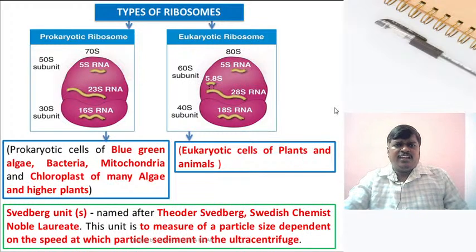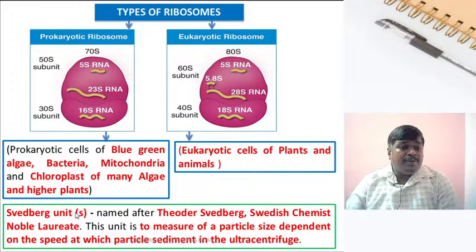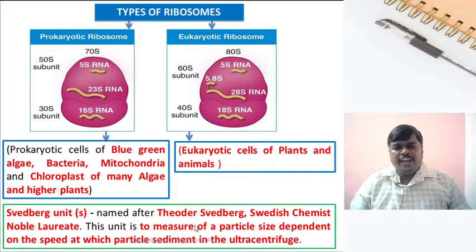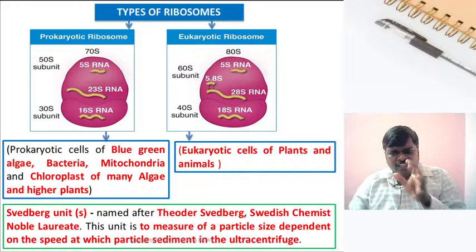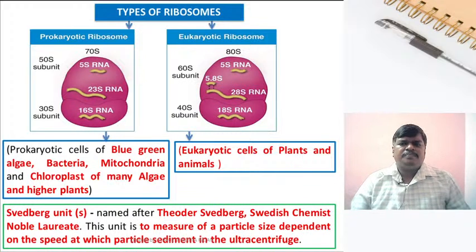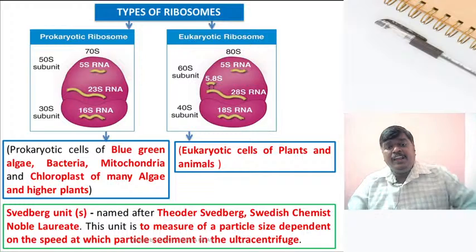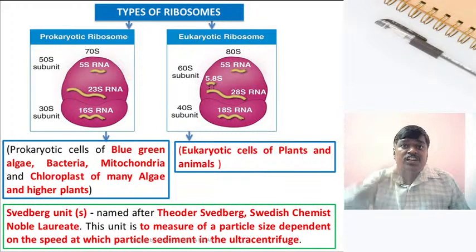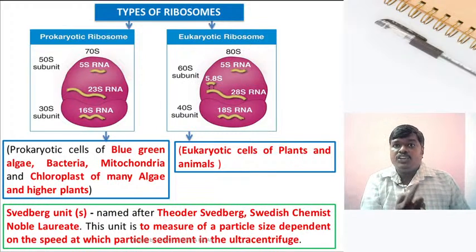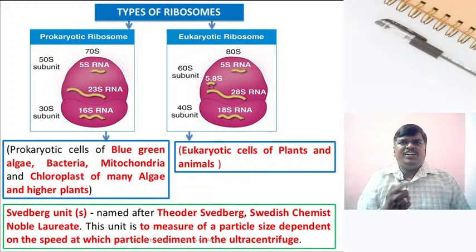In eukaryotic cells, the ribosome is 80S. S is the Svedberg unit. This is named after Theodor Svedberg, a Nobel laureate, and this unit explains the particle size dependent on the speed at which the sedimentation rate takes place during centrifugation.